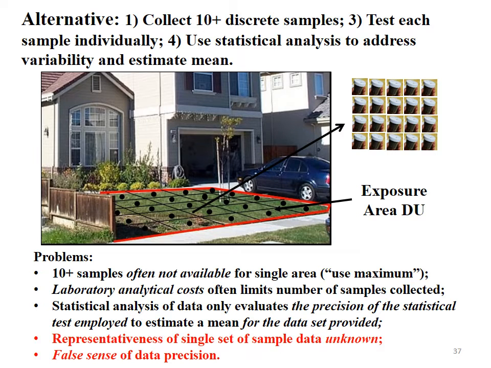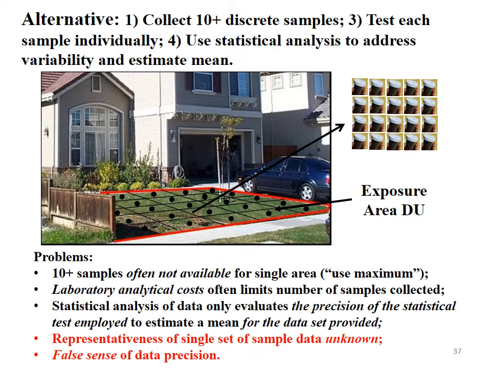So the problems with this: a lot of times 10 or more samples from a targeted area aren't available. Risk assessors never see this. This is probably 99% of the sites, though. In this case, people in the field would just use the maximum concentration. We already saw how that is really meaningless in terms of the massive soil tested and reliability to begin with. It doesn't mean anything in terms of risk anyway.